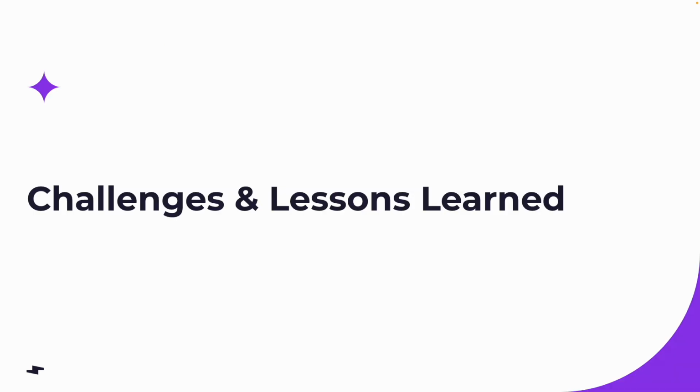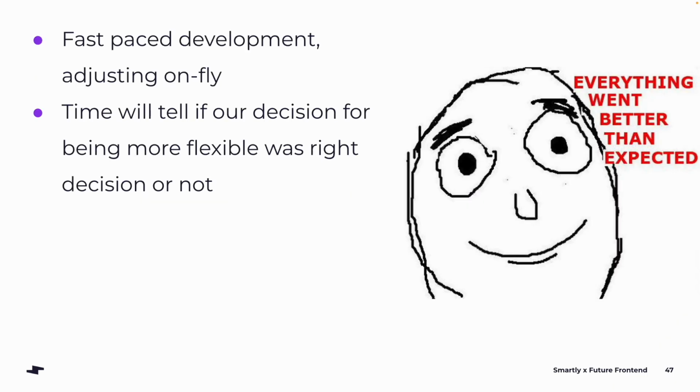Okay, nearing the end. No idea how long I've been talking, but yeah, some challenges and lessons learned. This is quite a quick one because everything went better than expected. As I mentioned in the beginning, we are quite fast-paced, so we are not afraid of breaking things and adjusting things on the fly. When something doesn't work, we try something else.